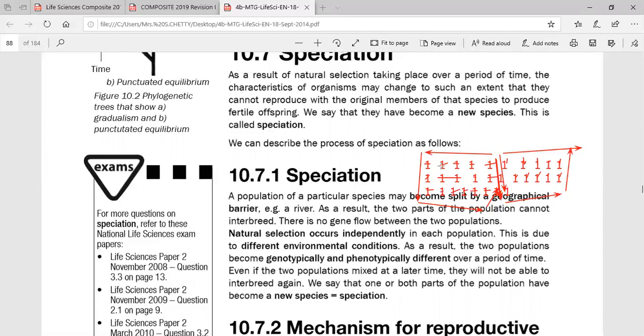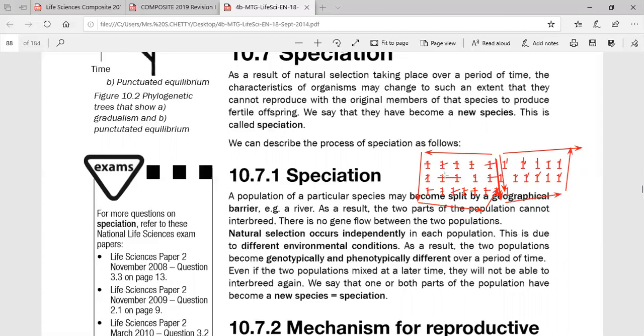So natural selection occurs here, natural selection occurs here. So we say natural selection occurs independently. What was the barrier? Most probably a river. A river completely separated it. So in these new environments, natural selection occurred independently, such that they become genotypically and phenotypically different from each other.